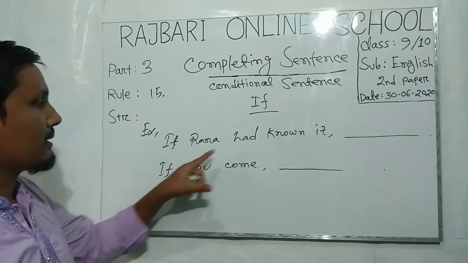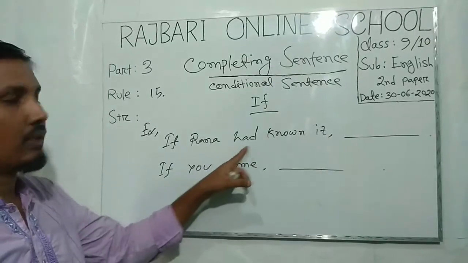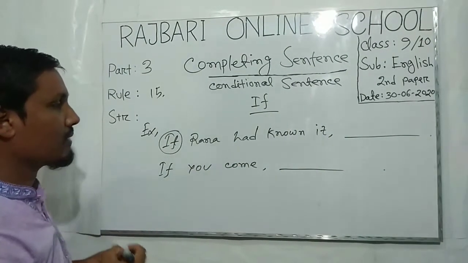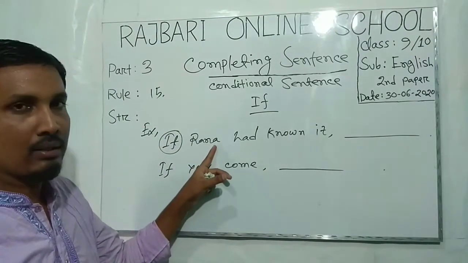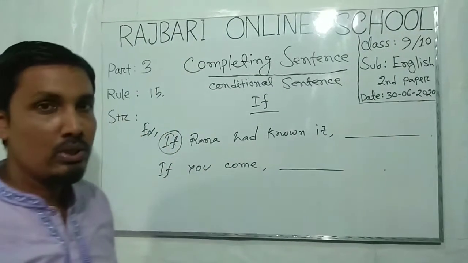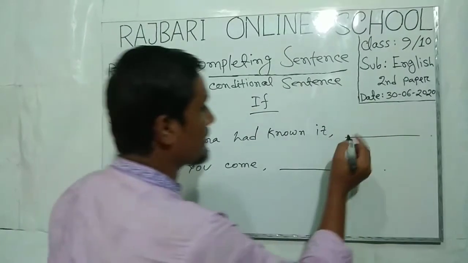Okay, here you can see had and verb 3, that is past perfect tense, and here is the word if. If you see if, and the sentence starts with past perfect tense, you have to use rule 3. Which rule? Rule 3.